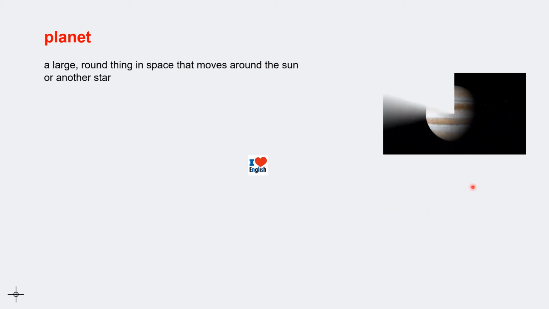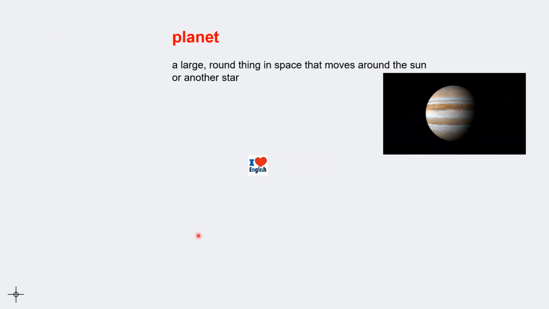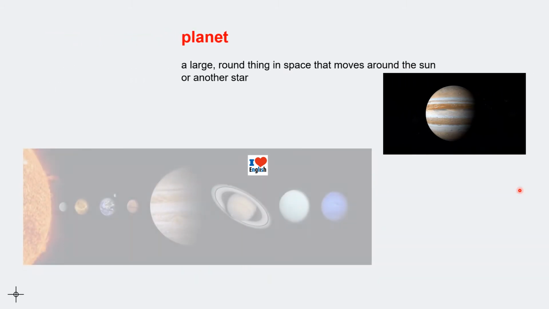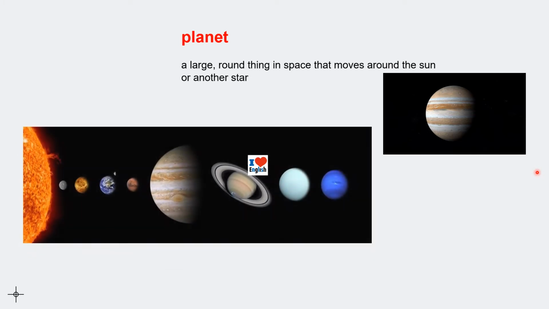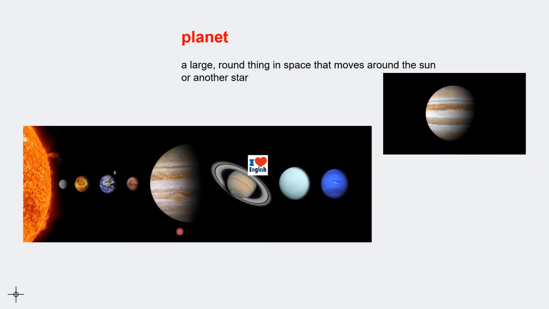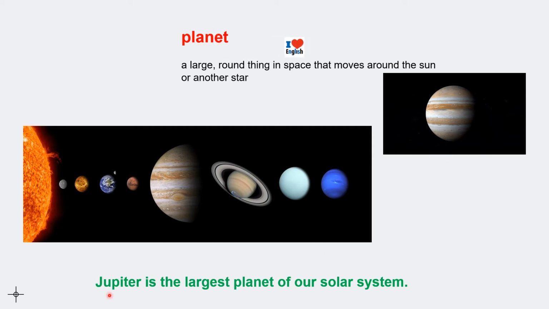Here is a photo of the biggest planet in our solar system, which is Jupiter. So Jupiter is the largest planet in our solar system. As you can see here, look at its enormous size. Jupiter is the largest planet of our solar system.